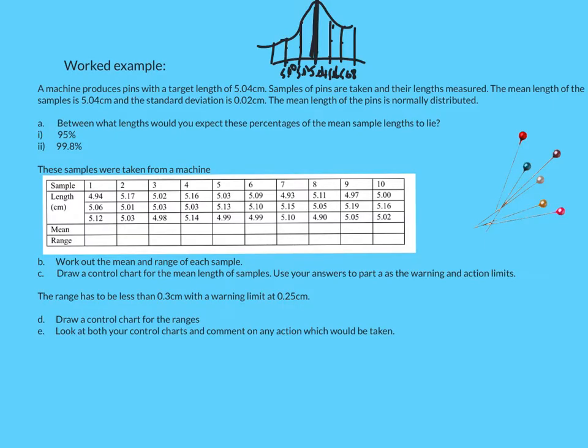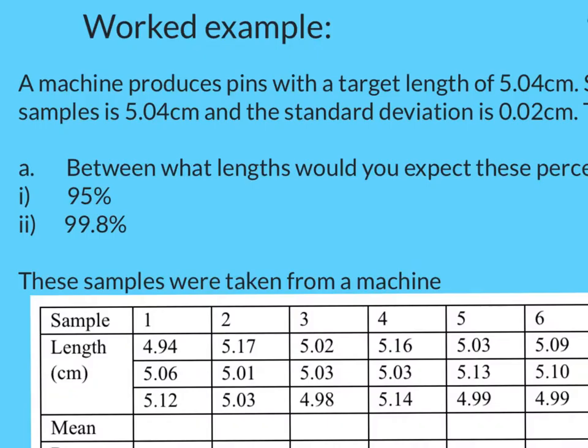So between what lengths would you expect 95% to be? Well, 95% is up to 2 standard deviations, so you would expect that to be between 5.00 and 5.08. It's the mean plus or minus 2 standard deviations.